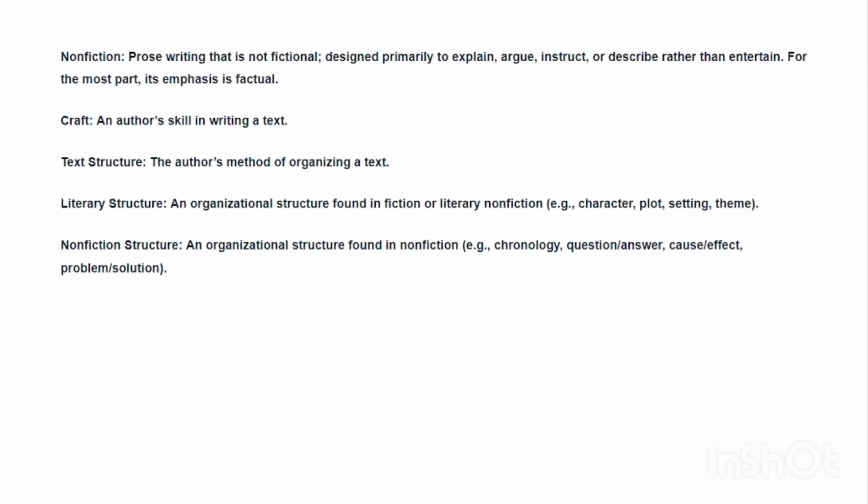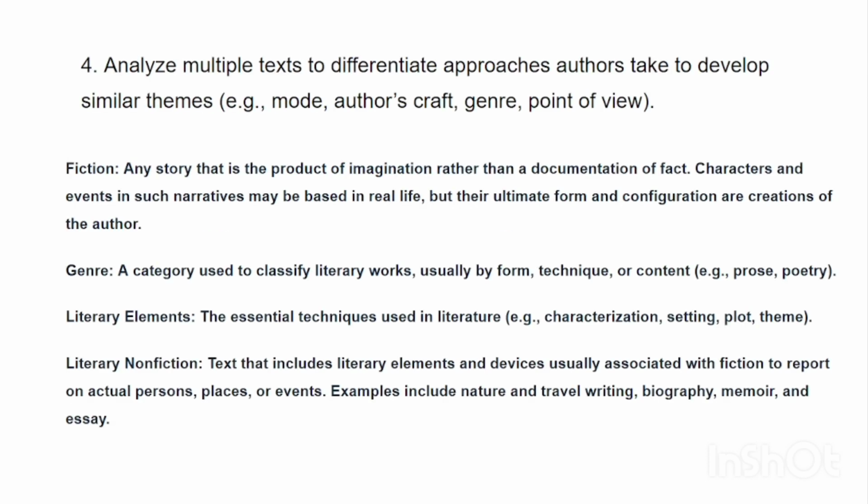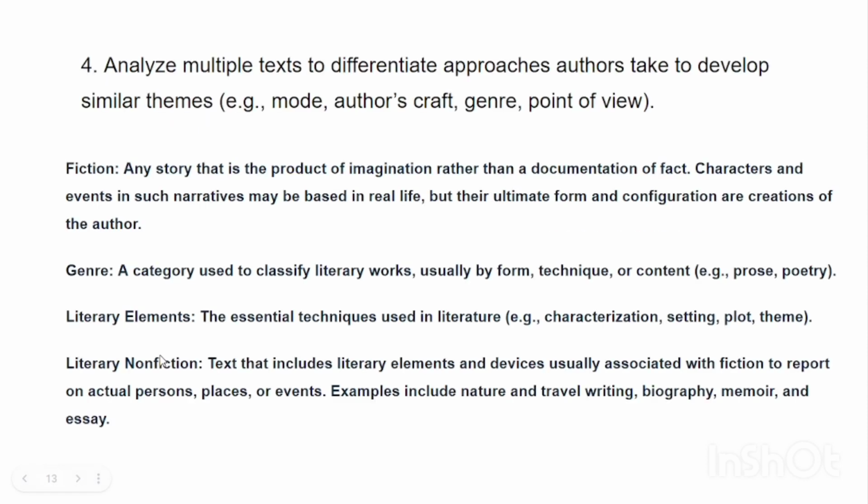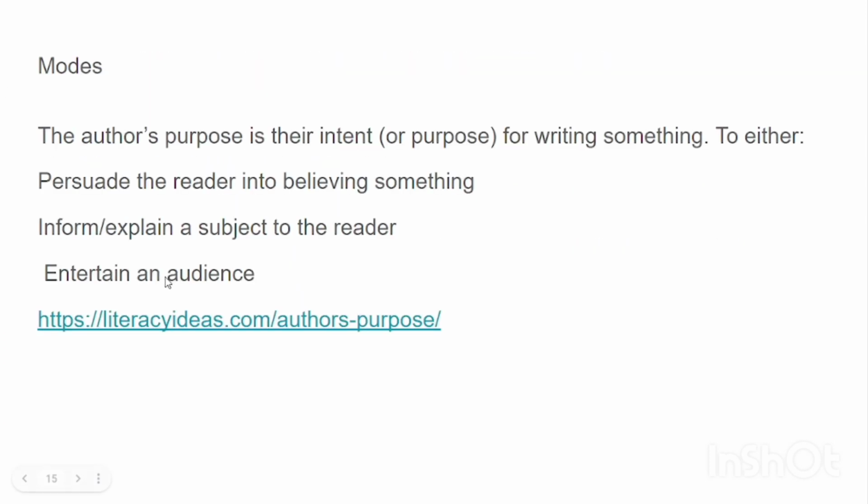You have nonfiction, which is prose writing that is not fictional, and remember, fictional means imagination. Craft is an author's skill in writing a text. And you have the other definitions. You can go ahead and read them on your own, but I just wanted to introduce specifically genre, what is fiction, and what is nonfiction.